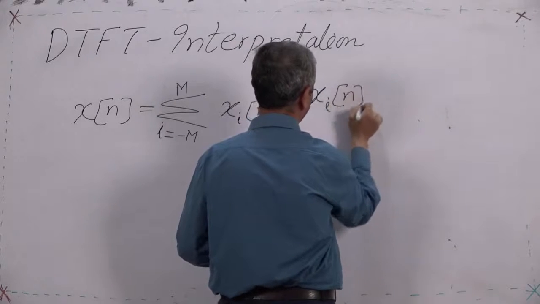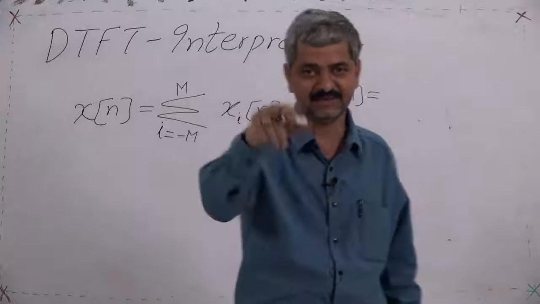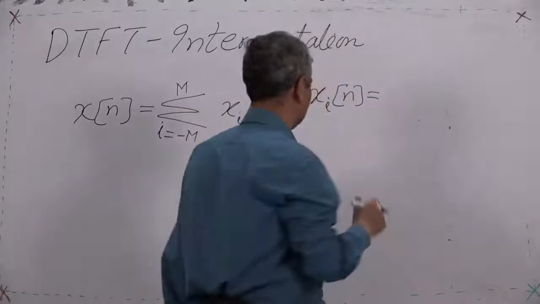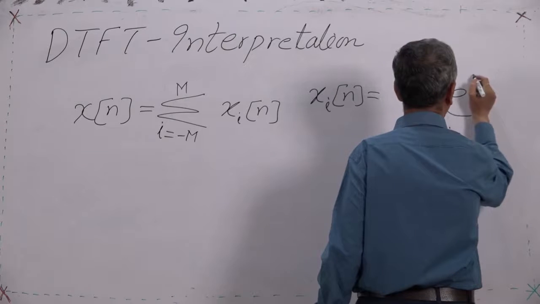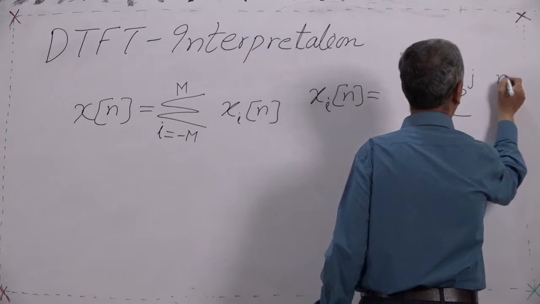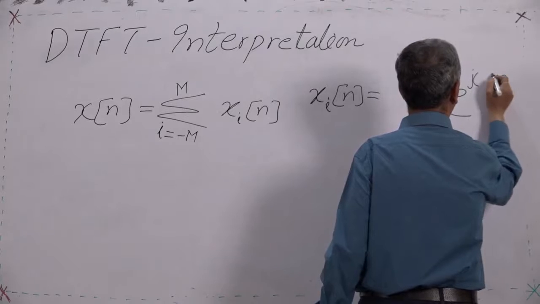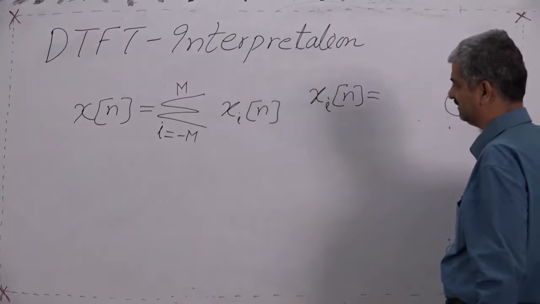What is x_i[n]? It is the ith component of the given sequence. x_i[n] is a rotating point e raised to j, this n, and this is an angular frequency.